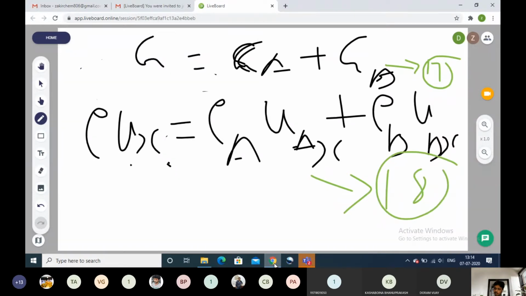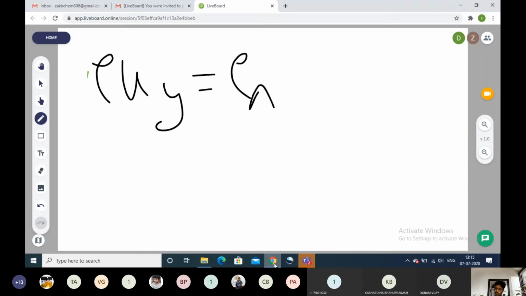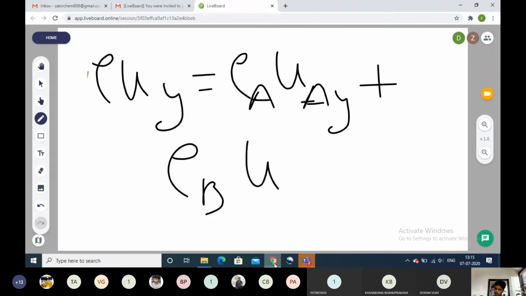Then the next component is for Y direction. So it can also be written in the form of Y direction, which is rho into UY we are writing here. So rho Y is equal to rho A into UAY plus rho B into UBY.